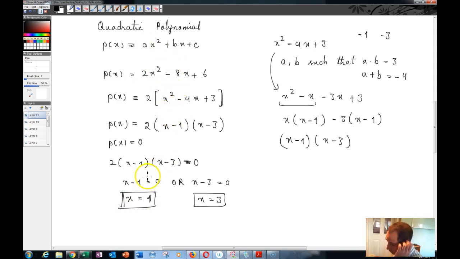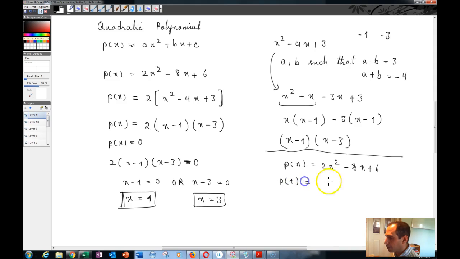That means that if you have p of x equal to, for example, 2x squared minus 8x plus 6, and you calculate p of positive 1, you will have 2 times 1 squared minus 8 times 1 plus 6, which is 2 minus 8 plus 6, which is 8 minus 8, equal to 0. So you see your output here is equal to 0.